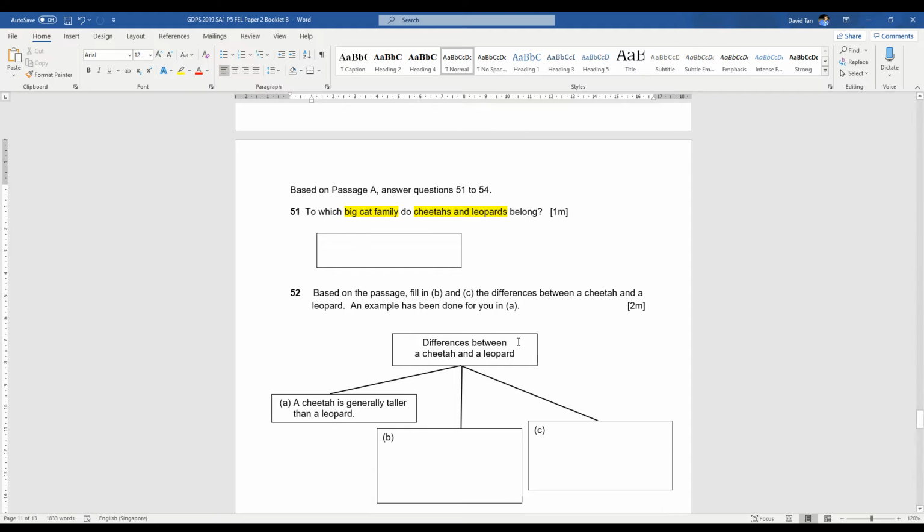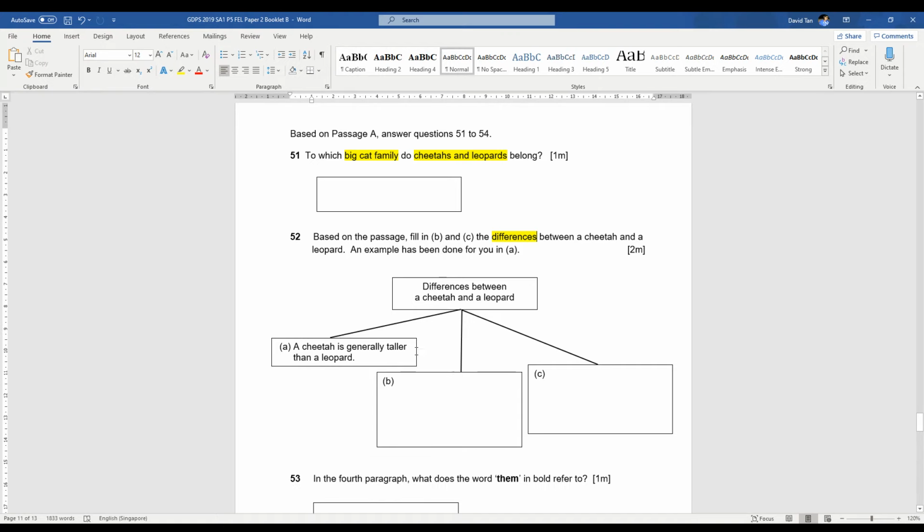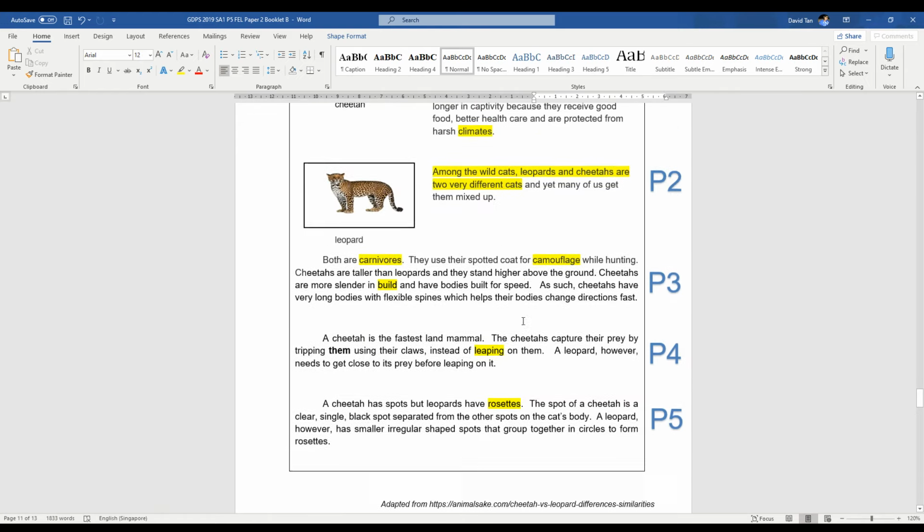Based on the passage, fill in B and C the differences between a cheetah and a leopard. An example has been done for you in A. So let's look at this graphic organizer here. There's one difference between a cheetah and a leopard, and I need to write B and C. Okay, so let's go back to the passage.